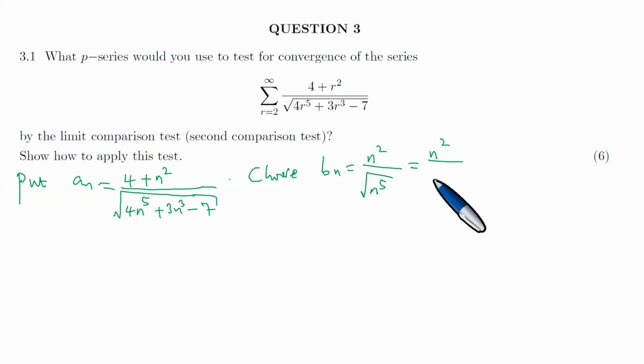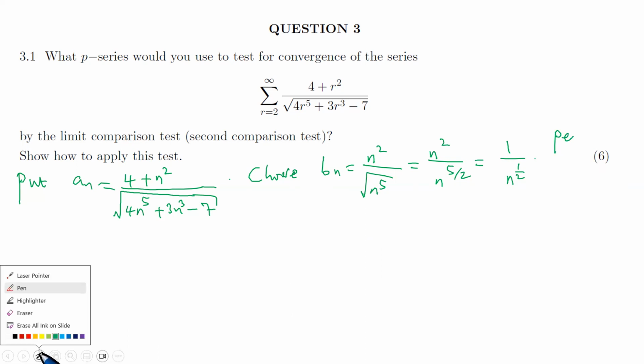This is n squared divided by n to the power 5 over 2, and this is the same as 1 over n to the power 1 half. Okay, we've taken down the n squared, so it would be negative there. But this one becomes the p series because it's 1 over n to the p form.